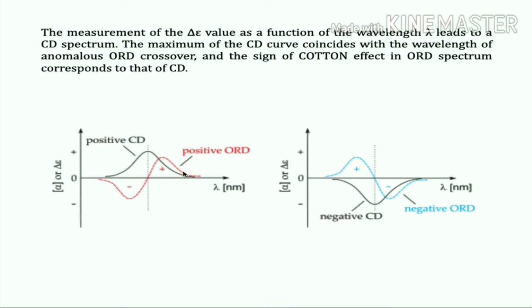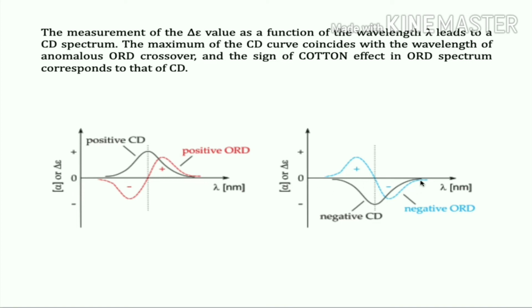Here it is a positive Cotton effect, so hence the circular dichroism spectrum will be called positive. Positive Cotton effect means first there is a peak followed by a trough, so hence I'm going to get positive circular dichroism.